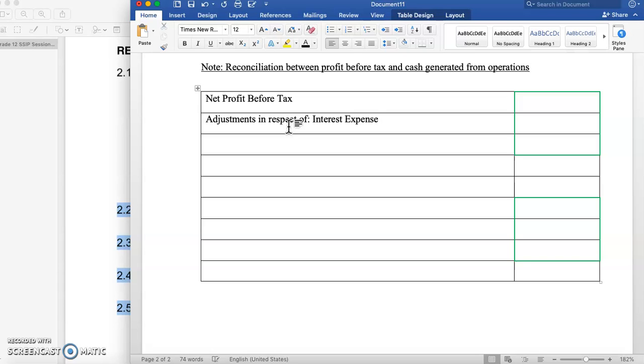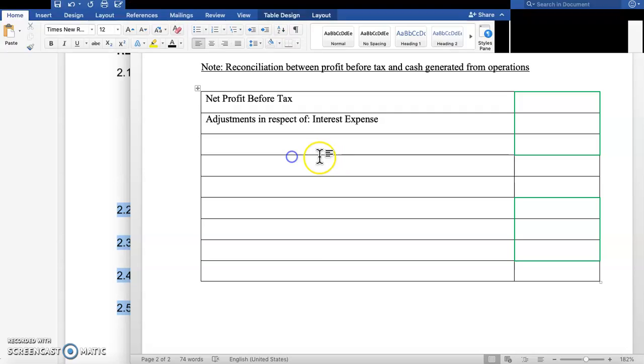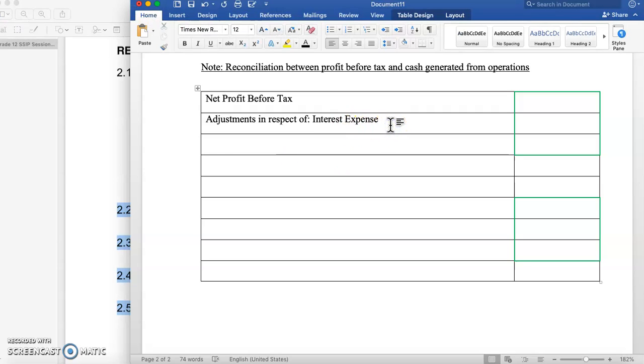Now, why are we adding back interest expense? Remember, interest expense is a finance cost, and we're going to delete it because it's going to appear separately in the cash flow statement. I hope you know what an entire cash flow statement looks like, and it's going to appear separately, so we can add it back here.